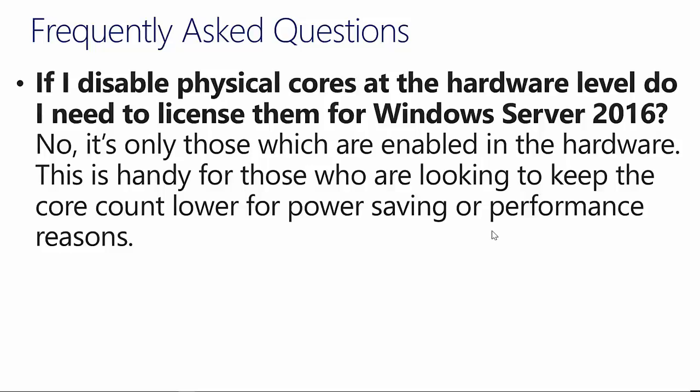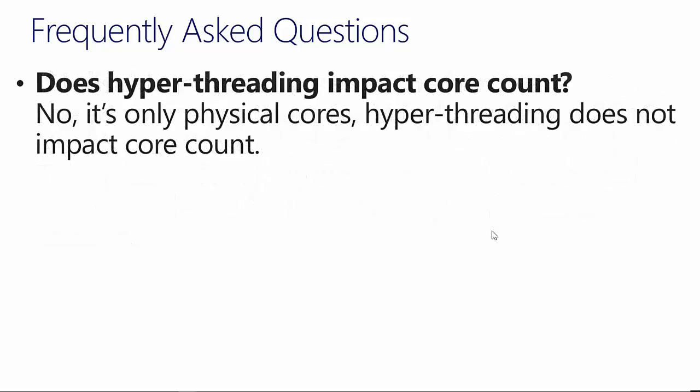So if, for some reason, you get a really good deal on a dual 16-core server, but you actually want the CPUs to run at a higher frequency, for example, rather than running all of those cores, because you've got a particular workload, or you might have a power envelope in which they need to operate, as long as those CPUs aren't being exposed from the BIOS or the firmware out to the underlying operating system or virtualization platform, you don't need to be licensed for those. But as soon as they are enabled and the hypervisor or the operating system sees them, you do need to make sure that you get additional licenses to cover them.